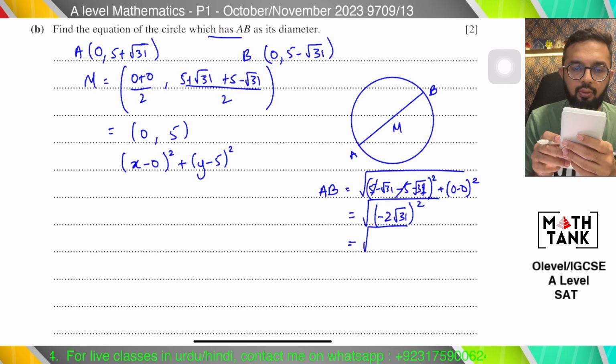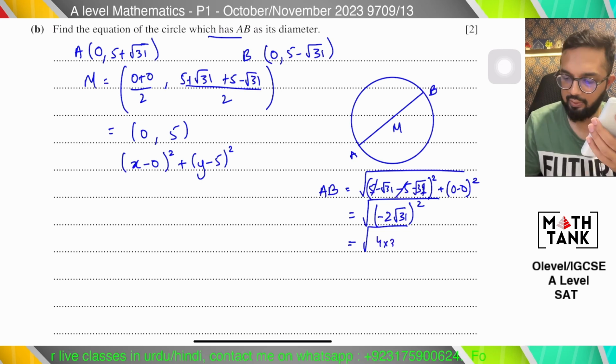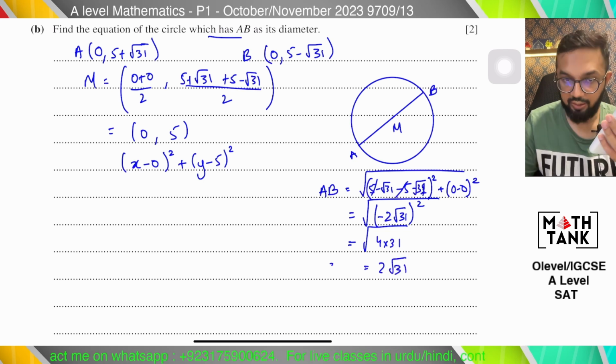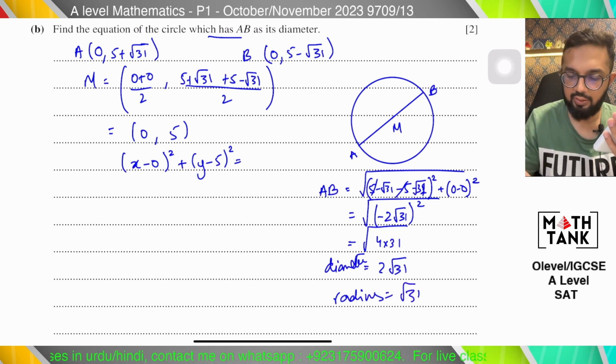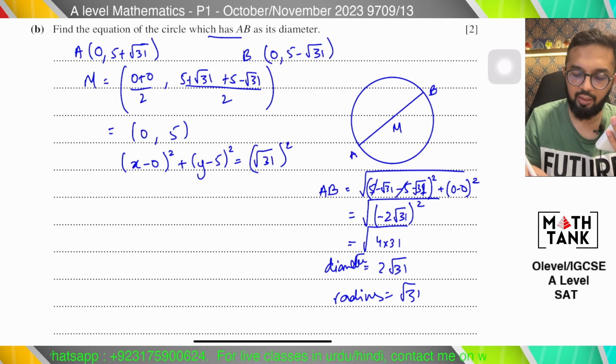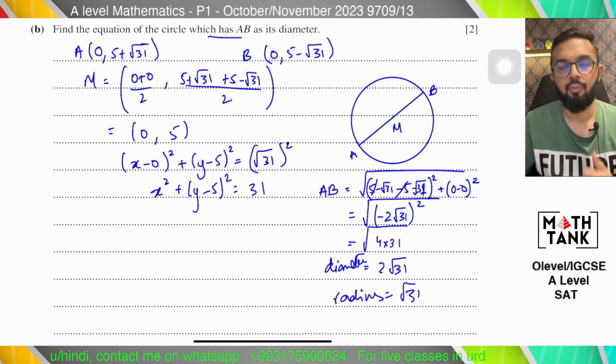So I am getting 2 root 31 out of this. That is my diameter. Radius is going to be half of that, so root 31. So this is radius squared here. So I'm getting x squared plus y minus 5 squared equals 31.